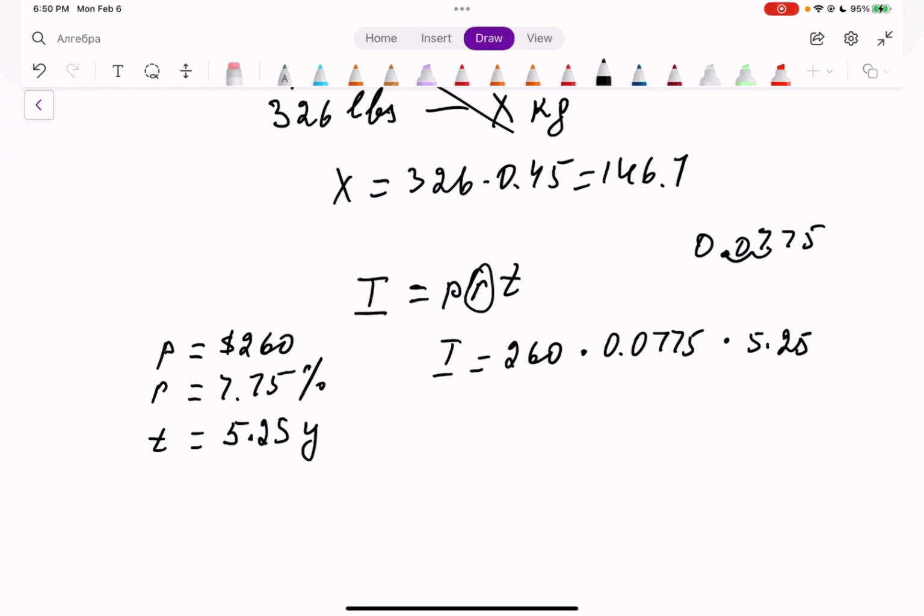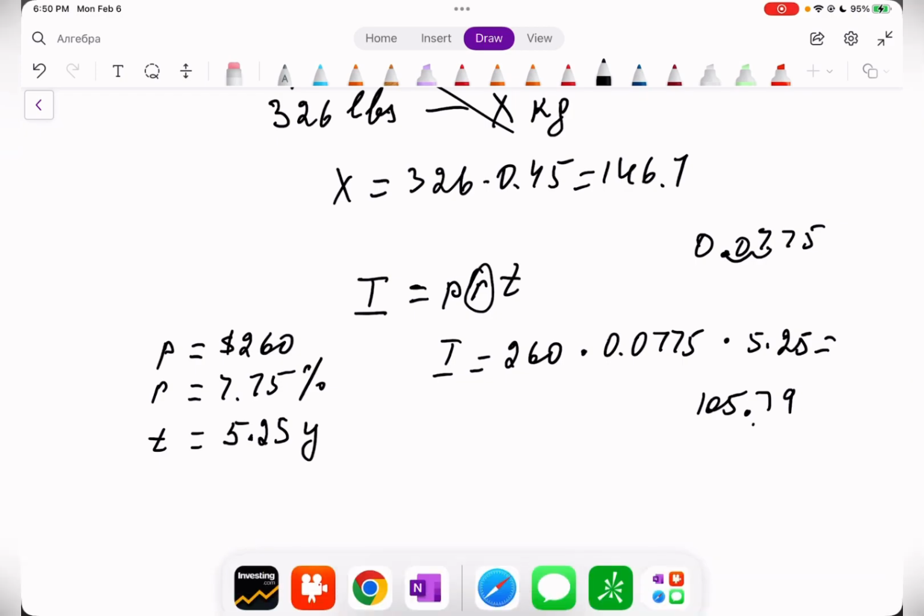One more time. 260 times 0.0775 times 5.25, and I am getting 105.79 rounding. 105.79.